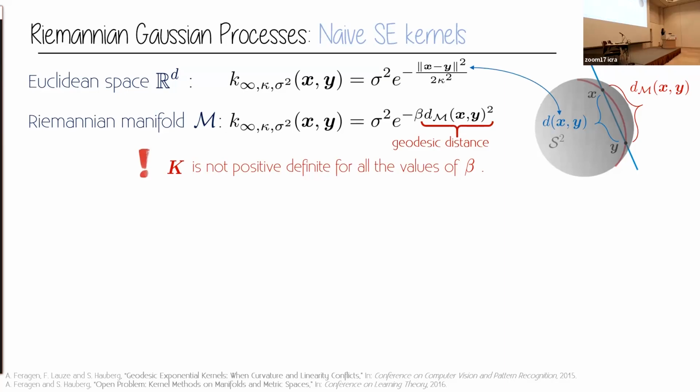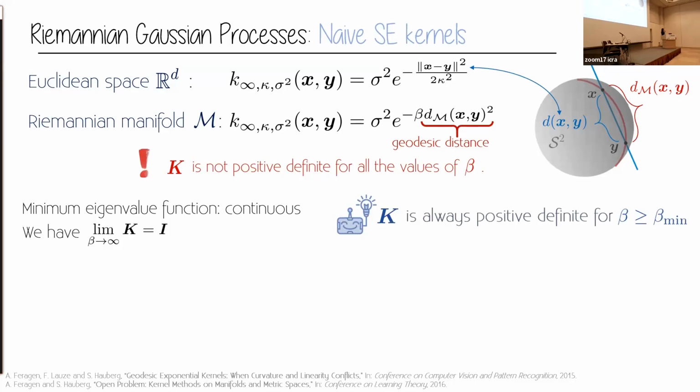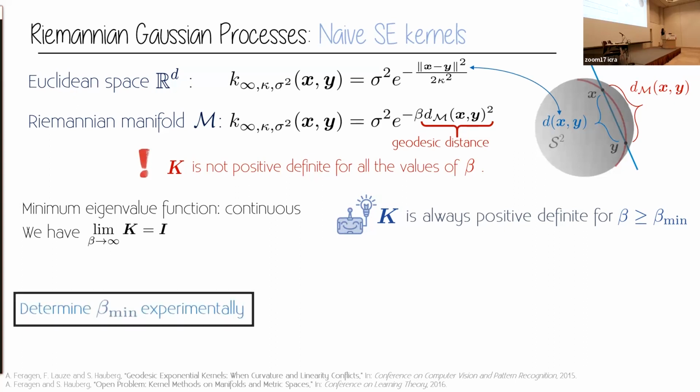So what we can do is to observe that the minimum eigenvalue function that tells you if the kernel is positive definite or not is continuous. And that in the limit, when this beta here goes to infinity, the kernel function will always be equal to identity. And as the function is continuous, that means that you can find a minimum value of beta. If you have your beta that is higher than that, your kernel is going to be always positive definite. So what you can do is to determine this beta min experimentally, right?